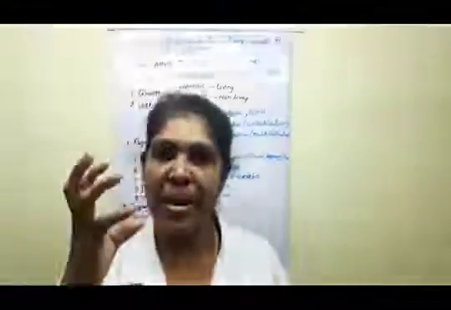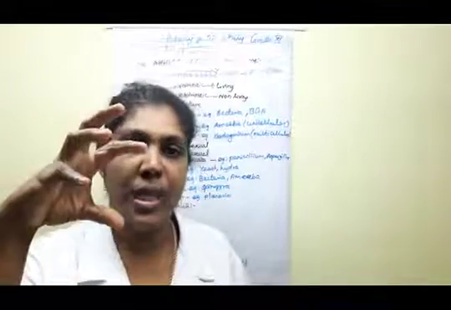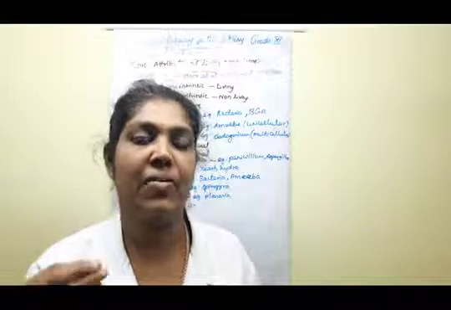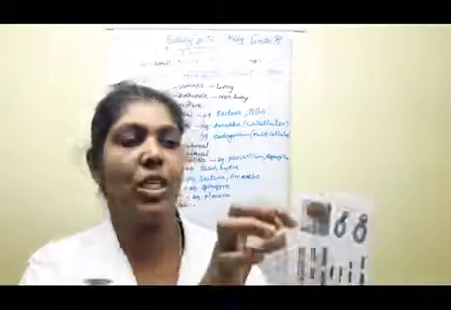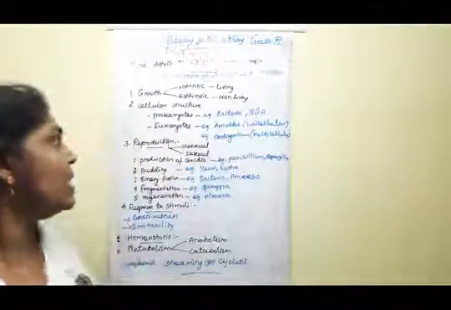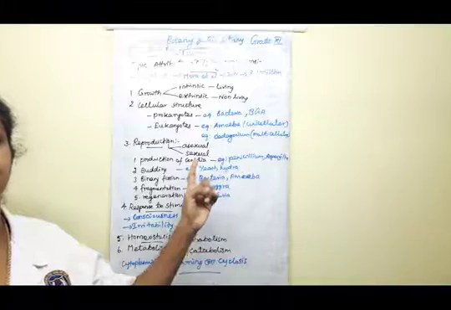Conidia are reproductive structures, a conidial formation. Mostly they are present in fungal organisms, for example Penicillium and Aspergillus. These are the species that show the production of conidia. Clear?